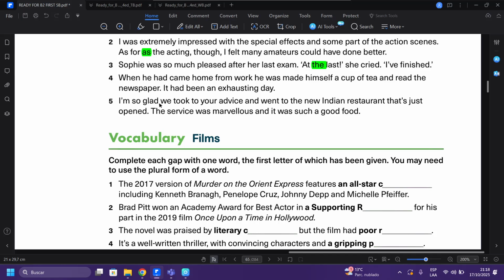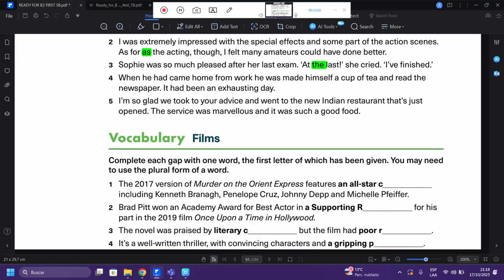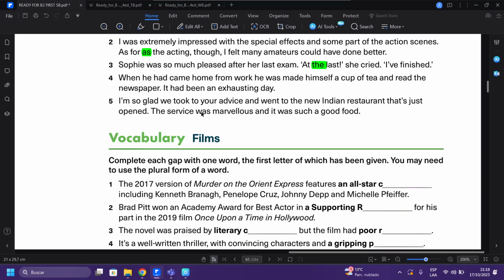The next one. When he had came home from work, he was made himself a cup of tea and read the newspaper. It had been an exhausting day. What do you think is the mistake here? He was made himself a cup of tea.